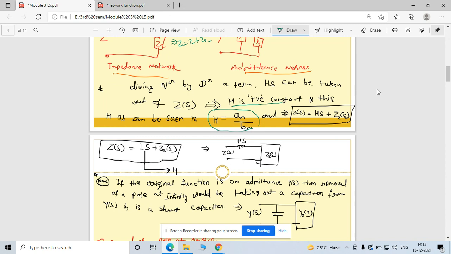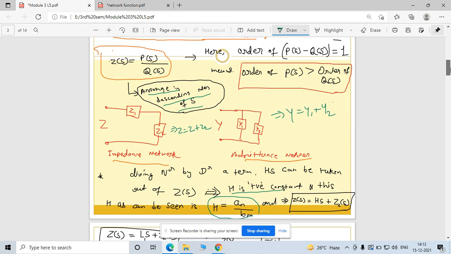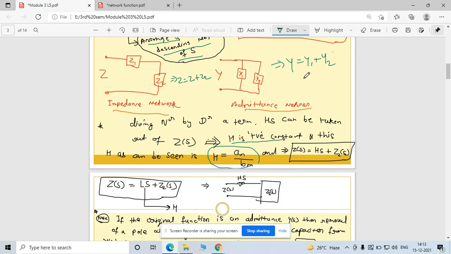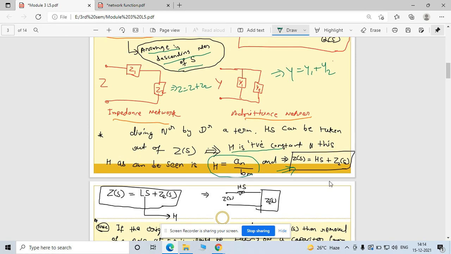Now this is the circuit. Once you take this constant out of the equation, you can represent this network in this format: Z of s is equal to h of s plus Z2 of s. So here Z1 is nothing but your h of s. Now for an inductor, we can represent the inductor in the Laplace domain as Ls, right?